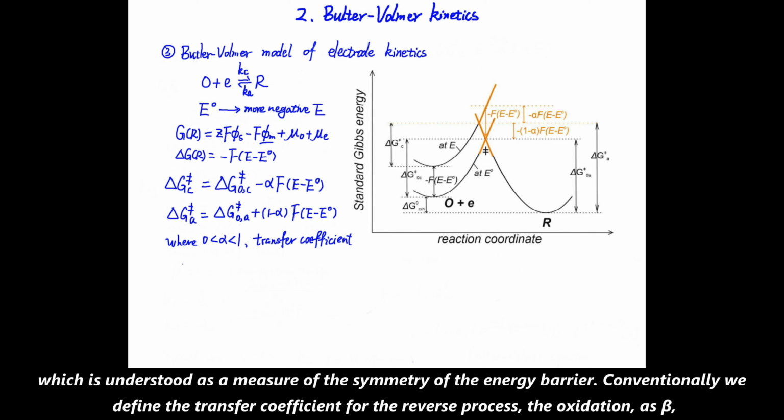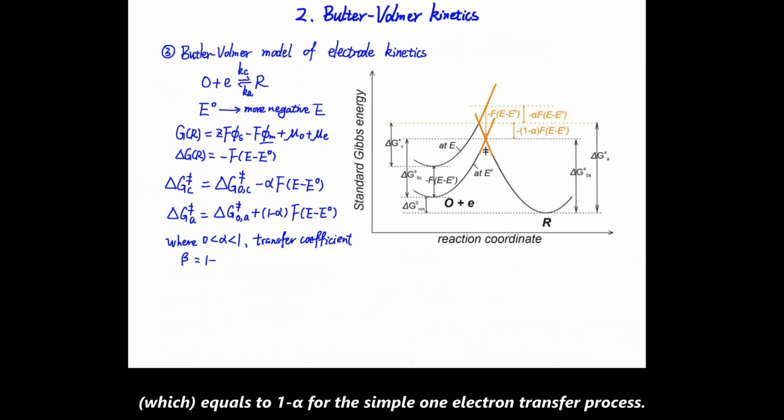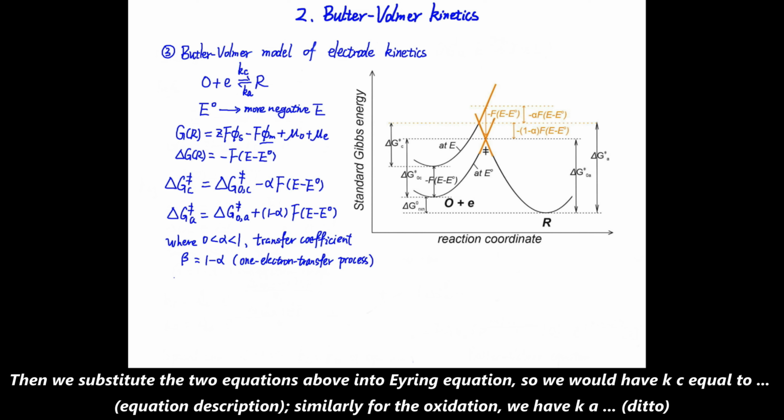And conventionally, we define the transfer coefficient for the reverse process, the oxidation, as beta equals 1 minus alpha for the simple one-electron transfer process. Then we substitute the two equations above into the Eyring equation.